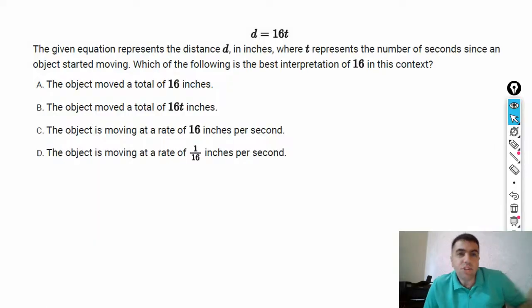The given equation represents the distance d in inches, where t represents the number of seconds since an object started moving. Which of the following is the best interpretation of 16 in this context?